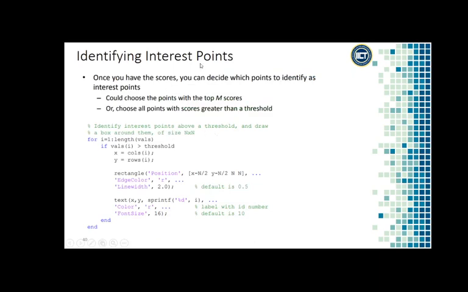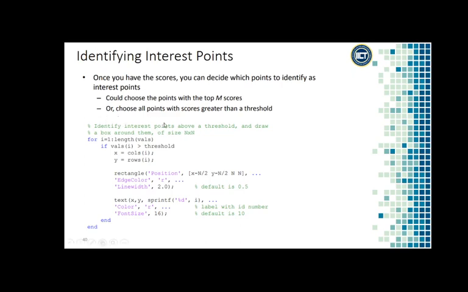So let's identify those interest points. Once you have the scores, you can decide which points to identify as interest points, and you could choose the points with the top n scores. You can arrange them in descending order, so the highest score is at the top and the lowest at the bottom, and choose some of the top scores.